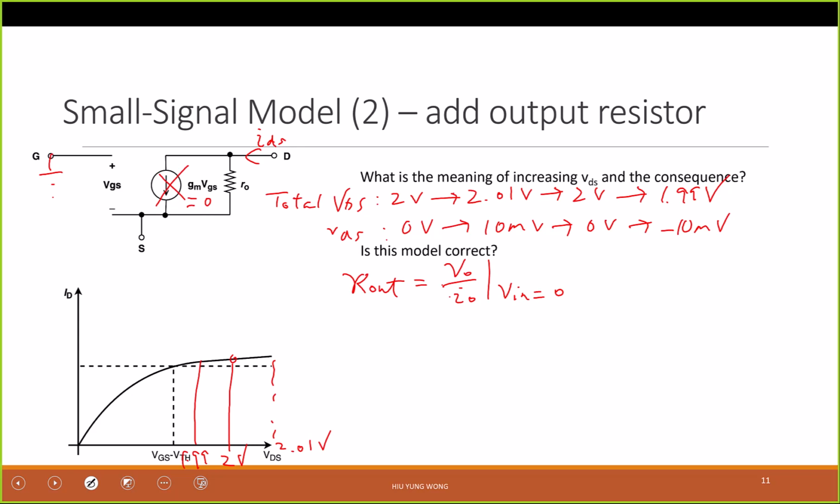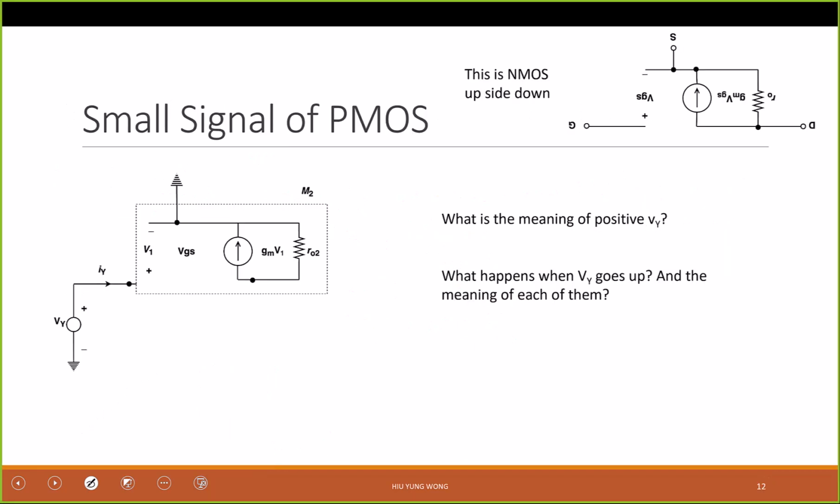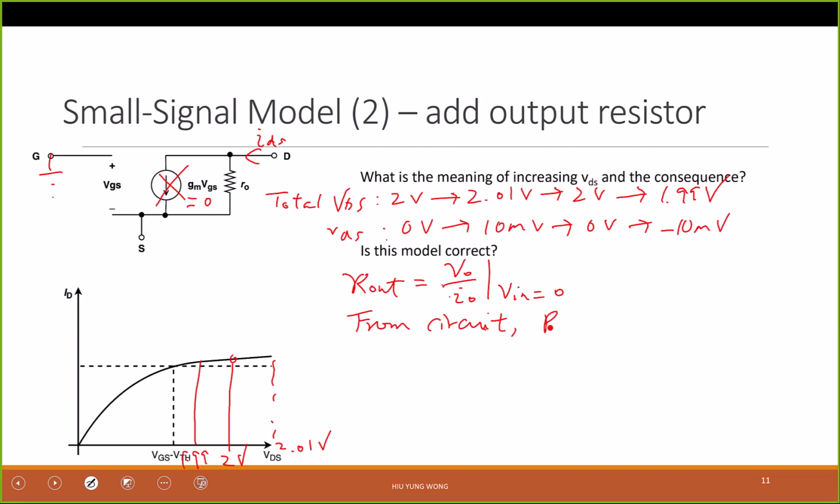So gmVGS is 0, so there's no current going in there. Right? So from the circuit, I do see that the output impedance equals VDS divided by IDS equals r0, because this is the only resistor I see. Right? So it modeled this correctly.